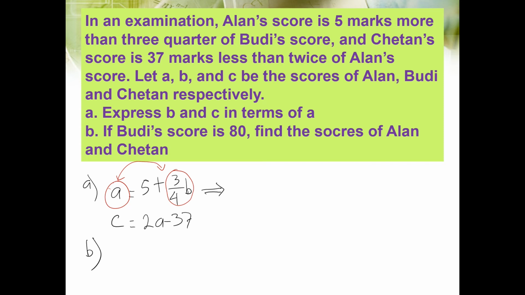Remember the rules: when you want to move from the right into the left, you have to change this sign. From plus become negative. Yes, negative 3/4B equals 5, and the A from positive number equals negative number because you change the position from the left to the right.